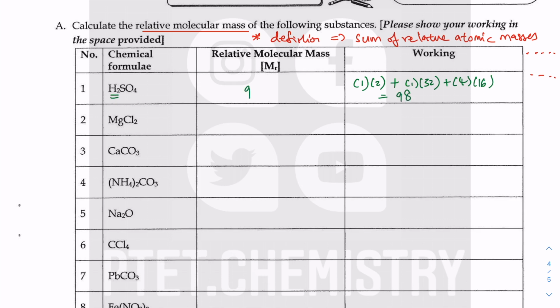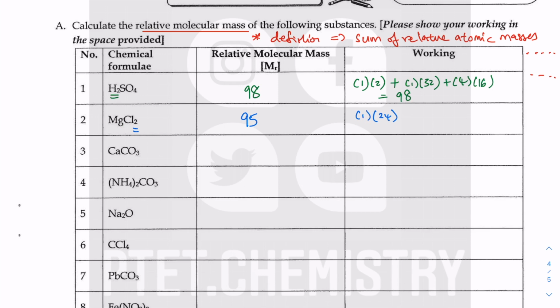Alright, so I'm just going to do this verbally. Magnesium is 24, plus I have 2 chlorine, so 35.5 times 2. So I get 95. Now I'll show the working just in case you didn't catch it. 1 times 24, the relative atomic mass of 1 magnesium, and I have 1 magnesium.